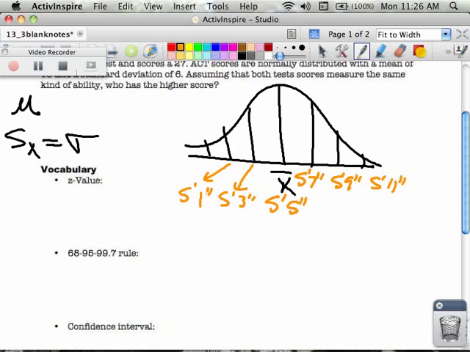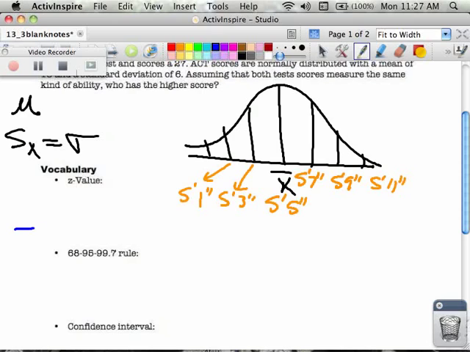And a z-score standardizes everything. So no matter whether you're talking about inches, pounds, IQs, body fat content, percent of calcium in a vitamin, anything, you can change all the scores to the same kind of thing. And that normal curve and the z-values look like this.